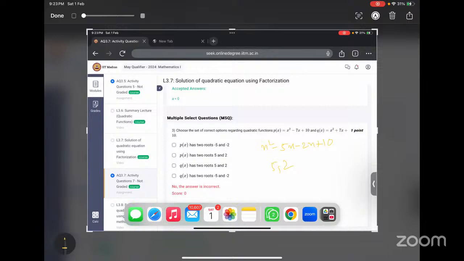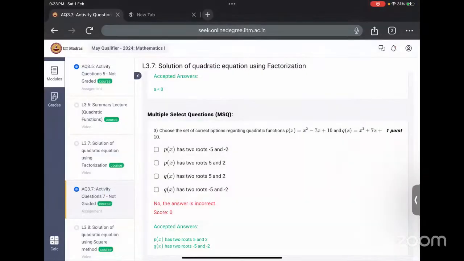Here also you can do the same, so minus 5 and minus 2 will be the roots. But how can we determine from P of x or Q of x? P of x and Q of x are given, so you just have to calculate the roots.